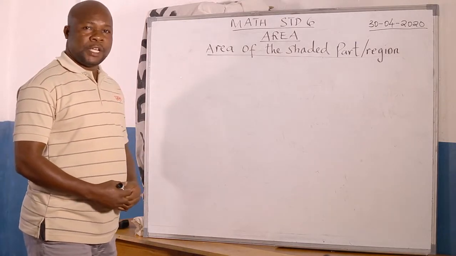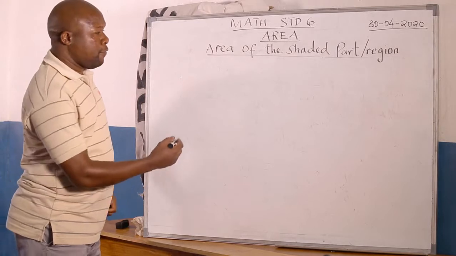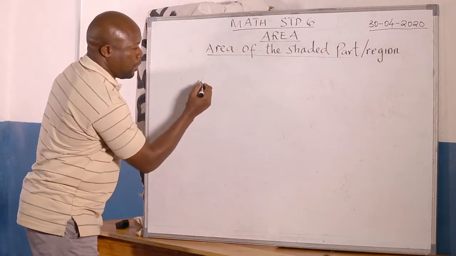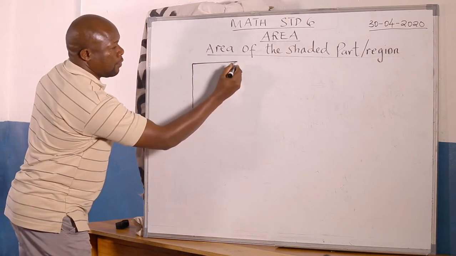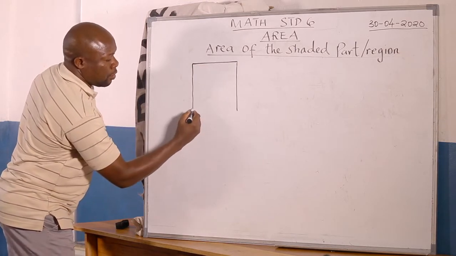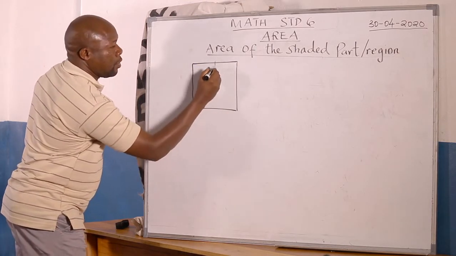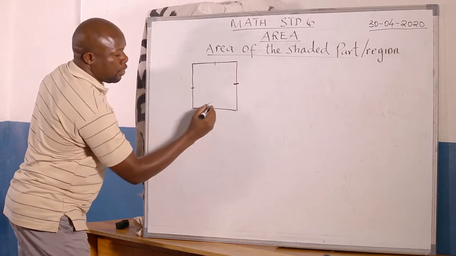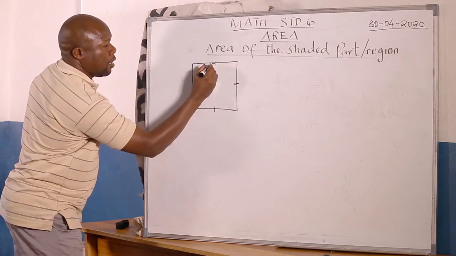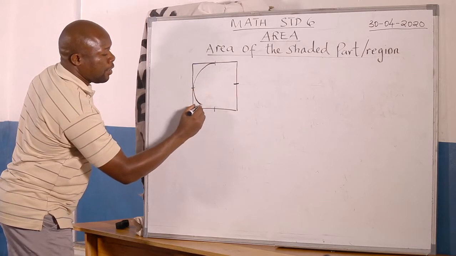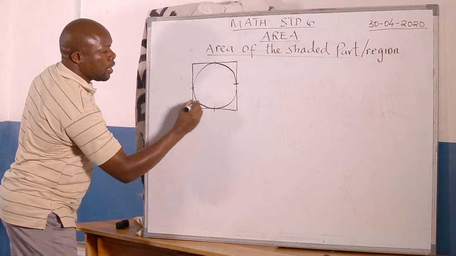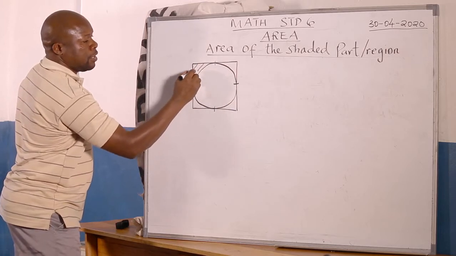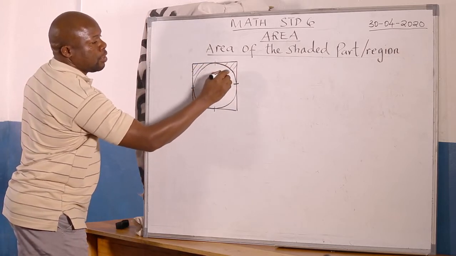Now, let us consider a figure like this. Before us, we have got a square having a circle inside it.